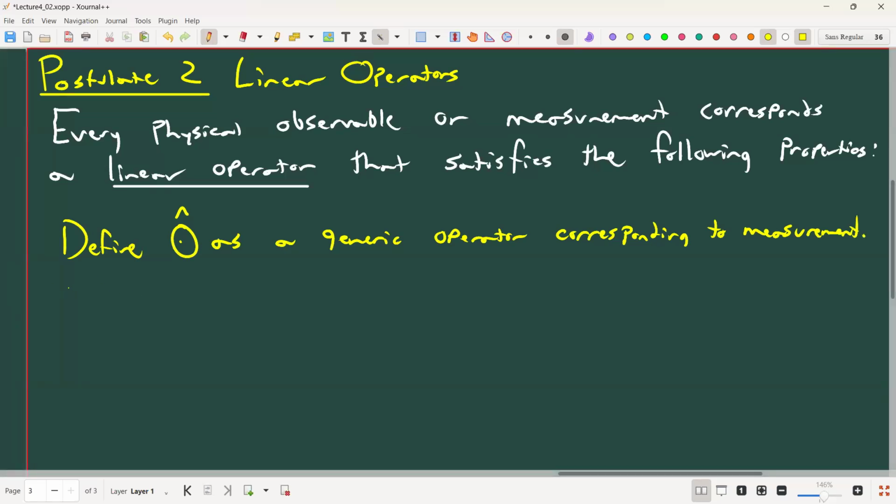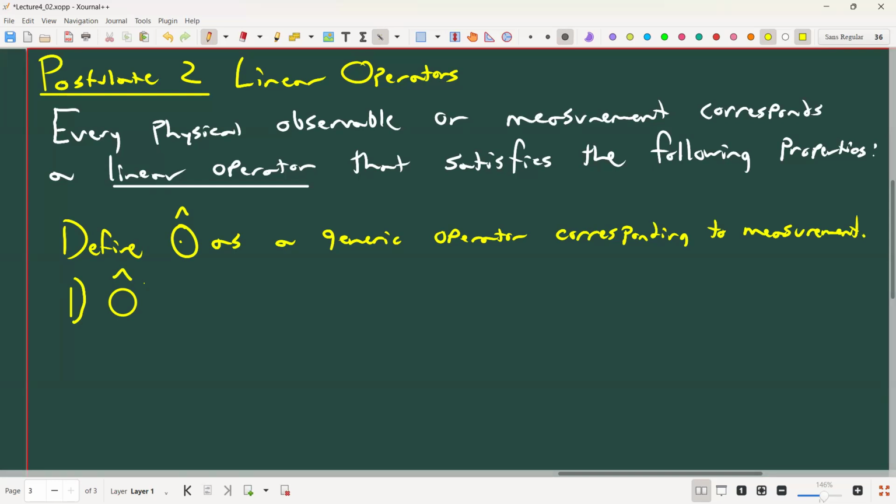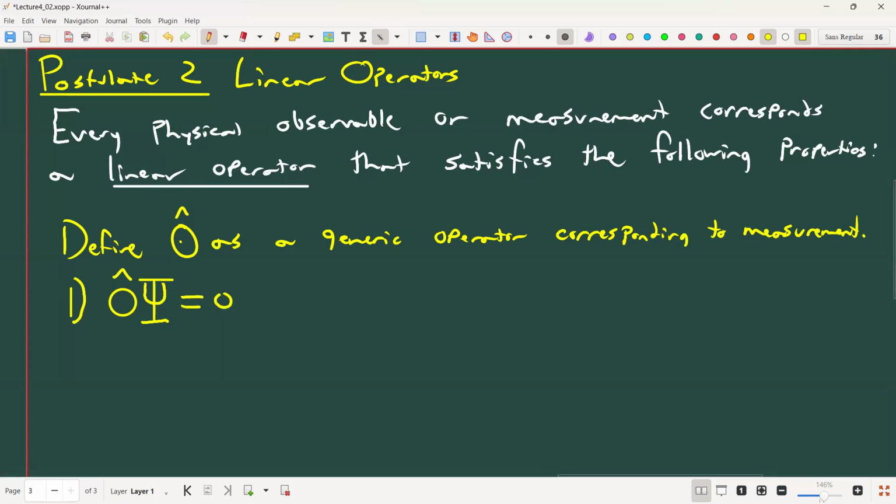These are the properties that it satisfies. One is that if you apply O to a wave function for that system, you get back a number. Just call it O sub n. Call this psi sub n. Psi sub n.